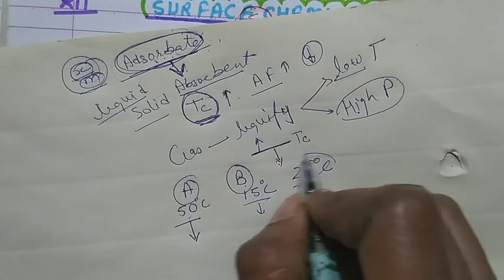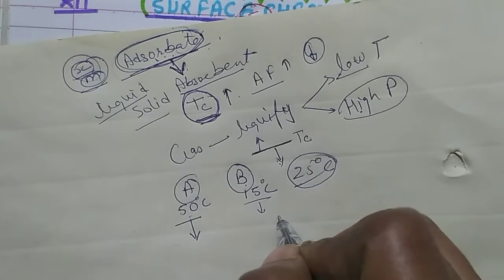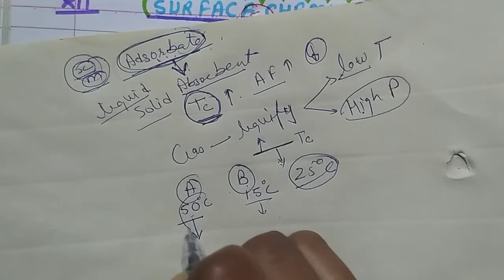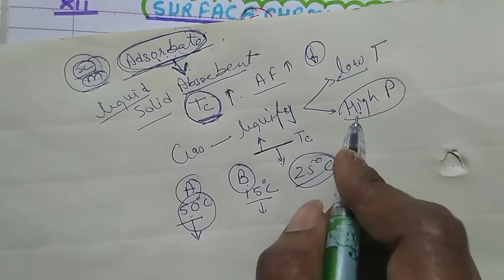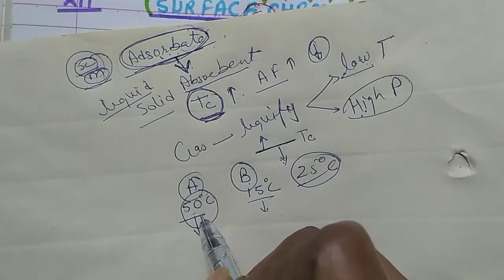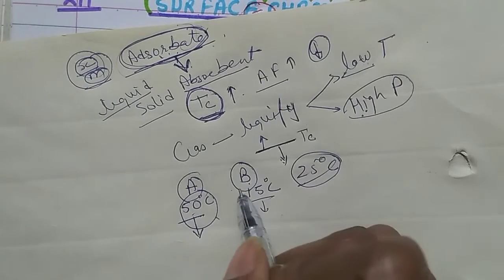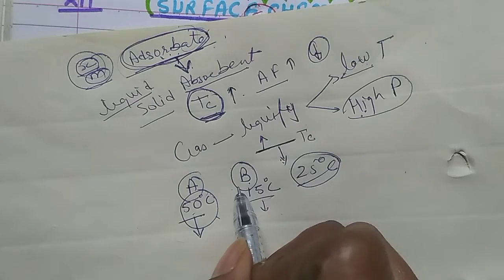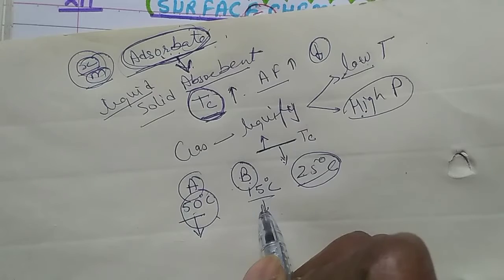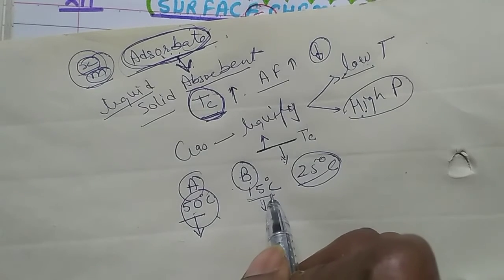It means at experimental conditions, gas A can be liquefied by only increasing the pressure, because its temperature is already below its critical temperature. But for liquefying gas B, first of all we have to cool the gas to below 15 degrees Celsius.